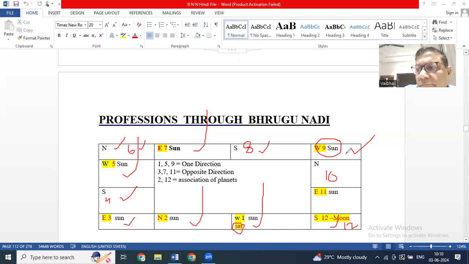And so my 10th Lord is in the 9th house. The 9th house is actually the boss. Wherever I worked, I was always in the good books of my boss. And he was very helpful to me, whoever it may be. But my colleagues were envious of me.